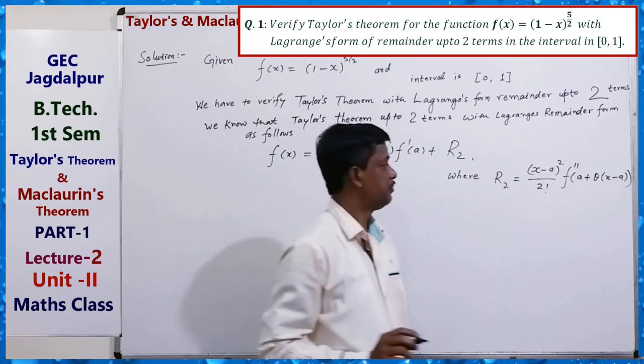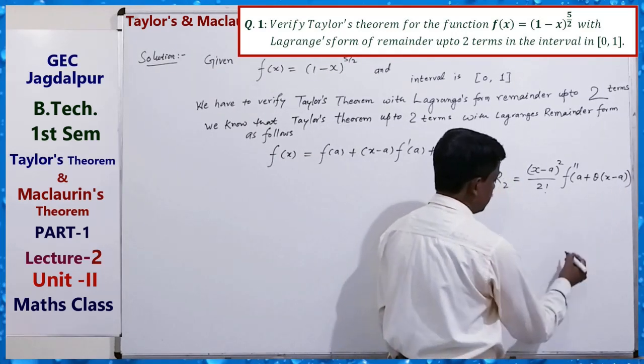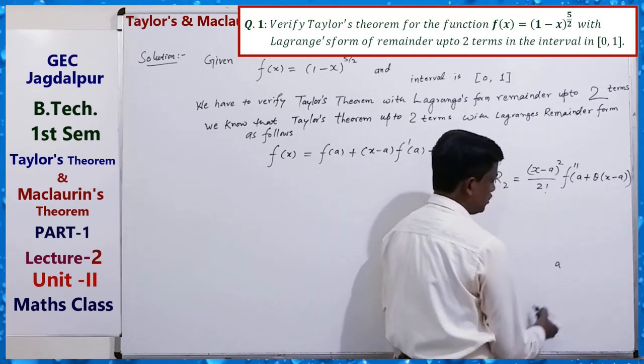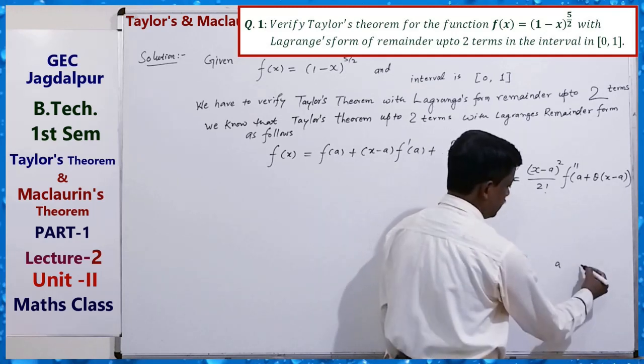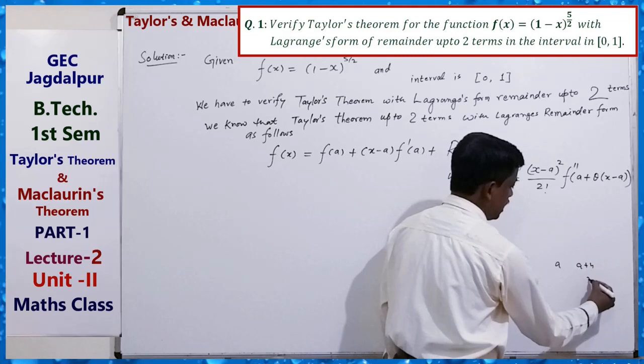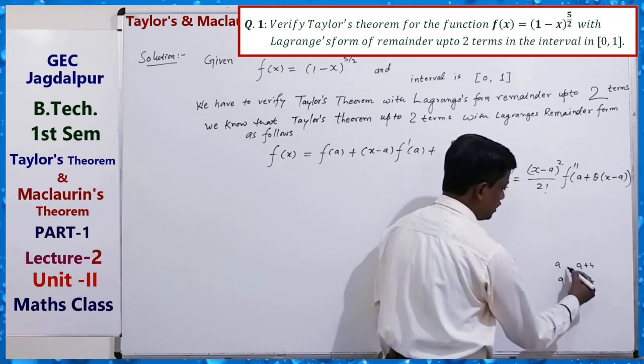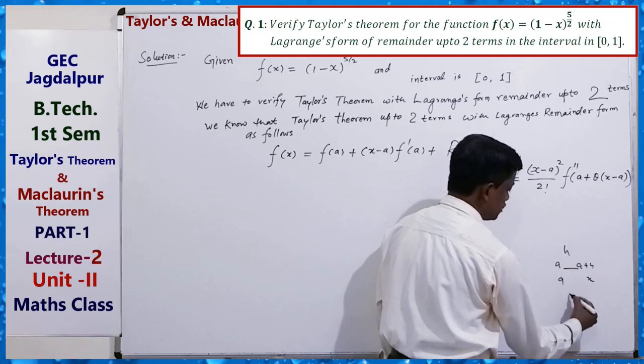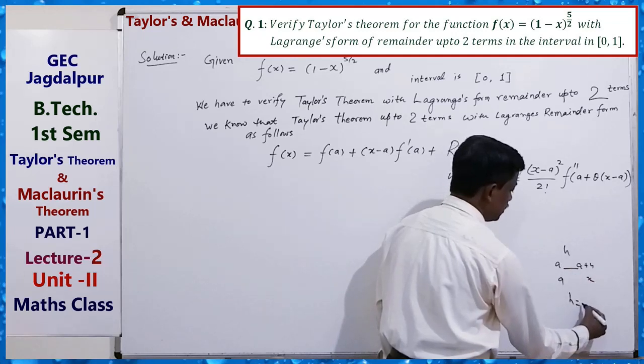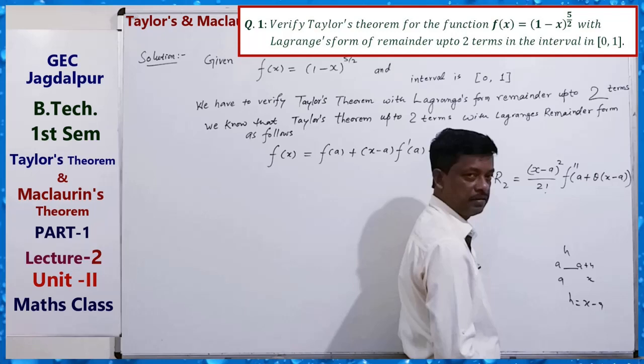Here the first value is a, and a plus h is x. Interval length is h, so h equals x minus a.